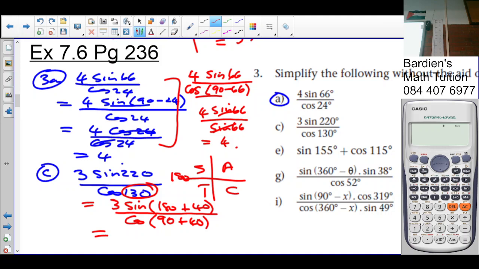So that will give us 3 sine (180 plus 40): in the third quadrant sine is negative, so it's negative sine 40. Over cos (90 plus 40): in the second quadrant, cos is negative, although it changes to sine 40. That cancels, leaves you with positive 3. Okay?